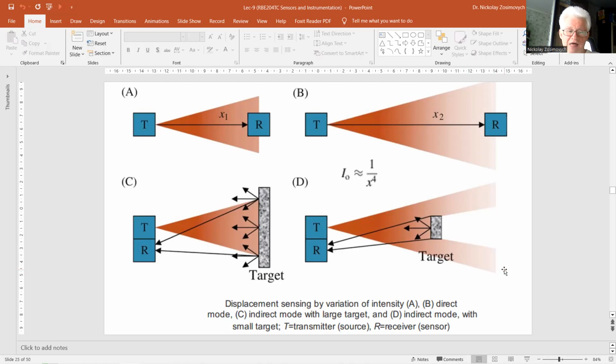And note that the output depends also on the angle of the object surface relative to the optical axis of the source. And the fourth power dependence results in an even smaller measurement range. Clearly, the design of a proximity sensor must be such that the object always intersects the whole beam.